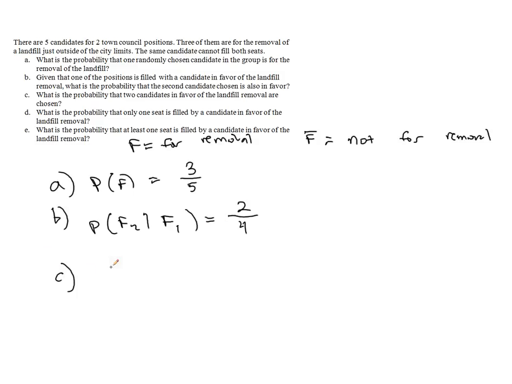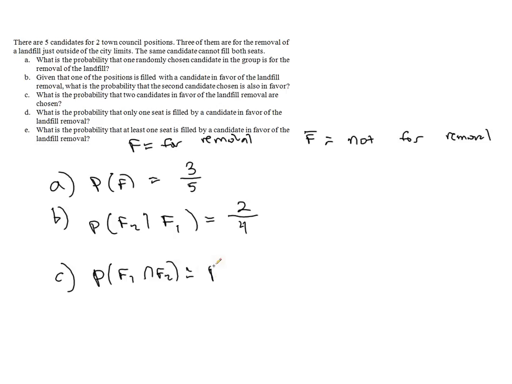In letter C, what is the probability that 2 candidates in favor of the landfill removal are chosen? Basically, we want to know if the first and second people are both in favor, so we want the probability of F1 and F2.